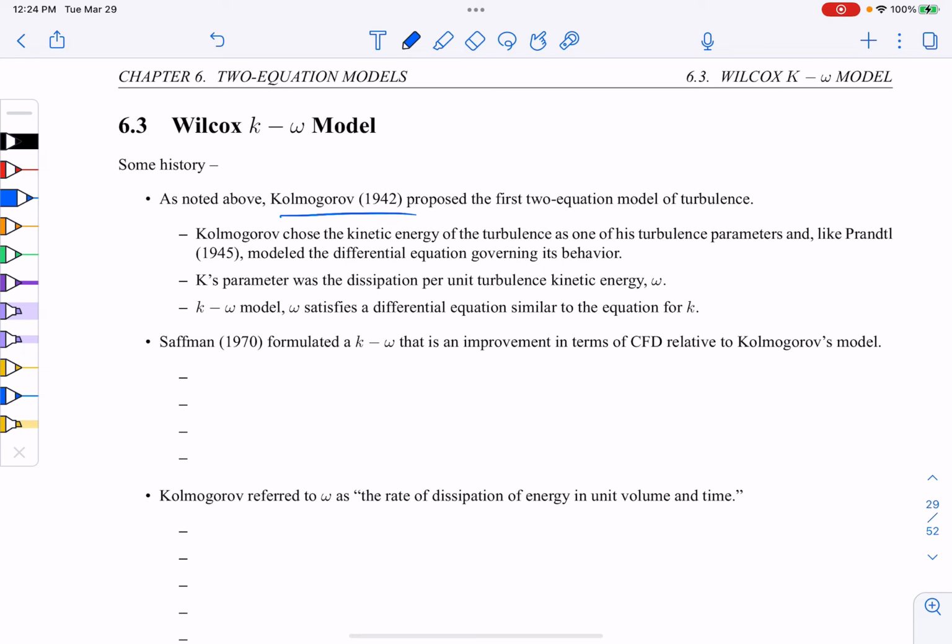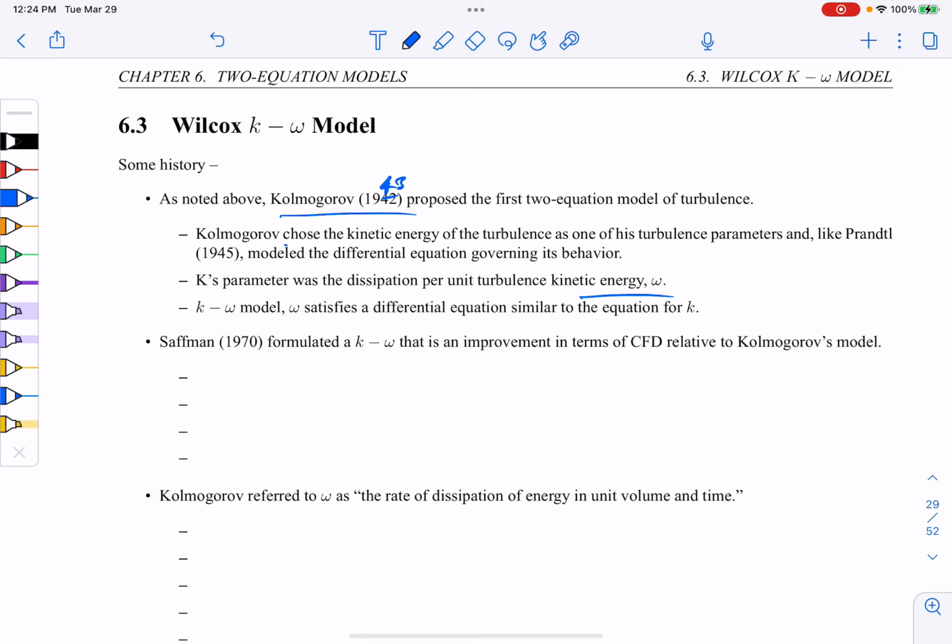I notice that Kolmogorov, in '42 or '43, I think it's '43, did this first two-equation model, and he chose k in a slightly different form, and he introduced specific dissipation. There were multiple attempts to form better k-omega models. Let's just look at some of those.